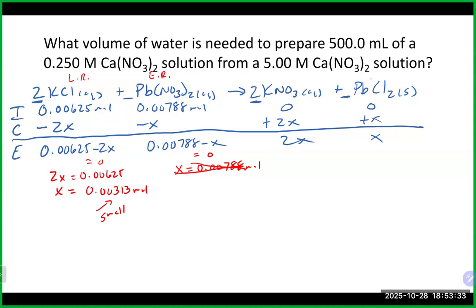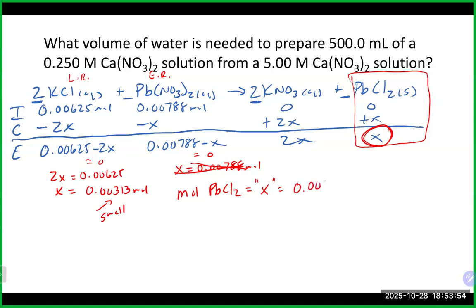Now that we have that, we can really focus in on our product, which is this one here. We can clearly see at the end in our table, the lead 2 chloride will equal x. So the moles of PbCl2 will equal x. Since x equals that number, that means we have 0.00313 moles of PbCl2.